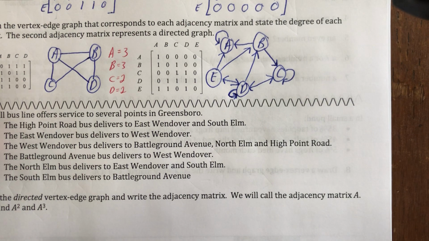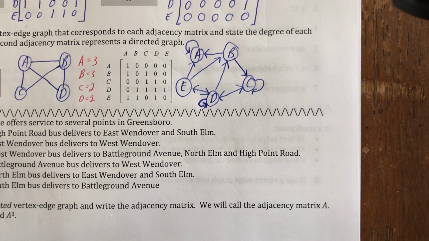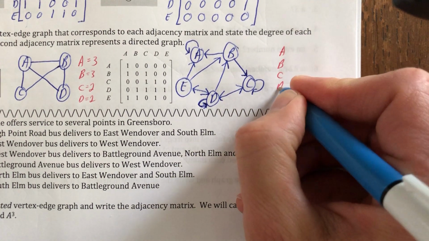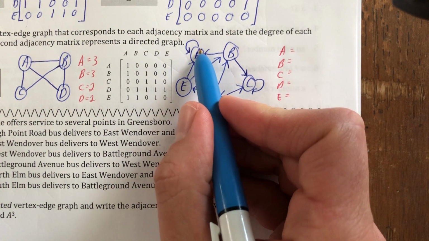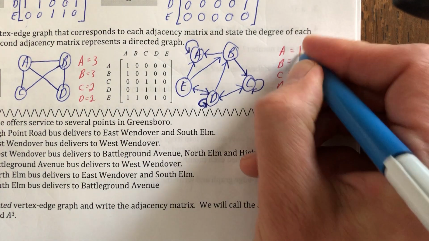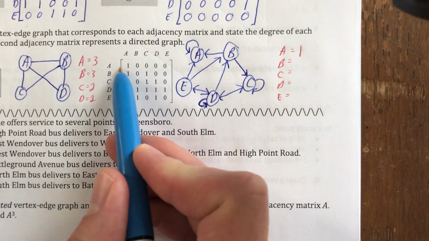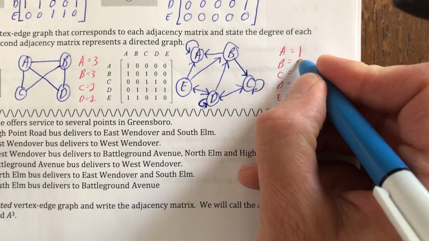All right. The degree. For this one we're going to count the number of arrows that are coming out of each vertex. So A, B, C, D, E. A has 1 arrow coming out of it, okay? And actually, let me give you another way of doing it. You could total these up. So A is 1, B is 1, 2. There you go.